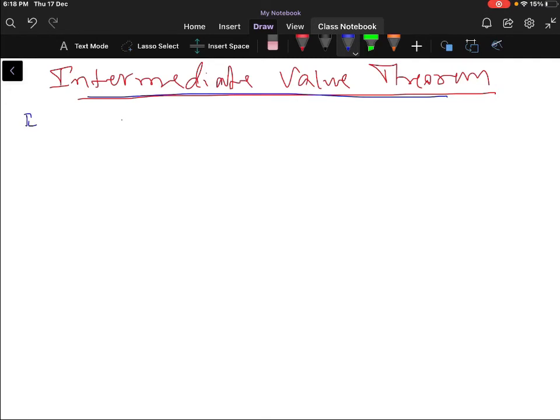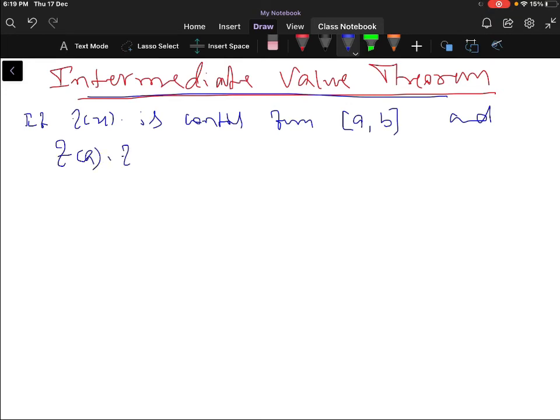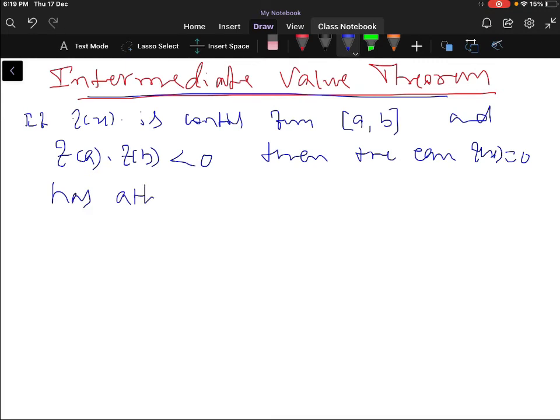This theorem says that if f of x is a continuous function in the interval AB, and f of A into f of B is negative, then the equation f of x equal to 0 has at least one root in the interval AB.